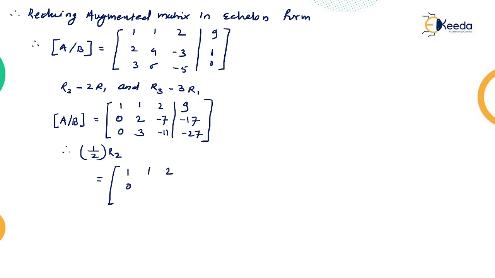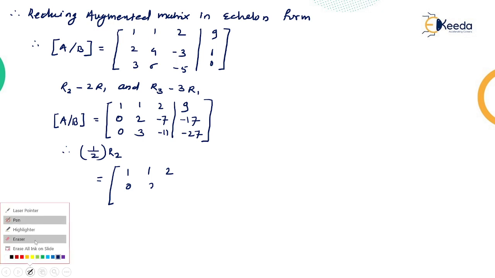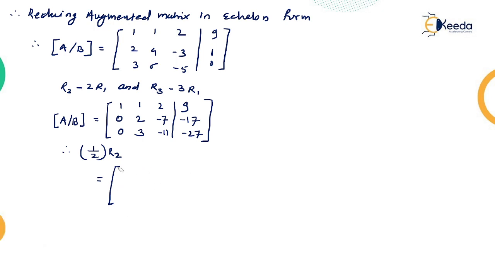We only change the second row, nothing else changes. The first row is as it is, 1 1 2, and the second row is divided by 2.